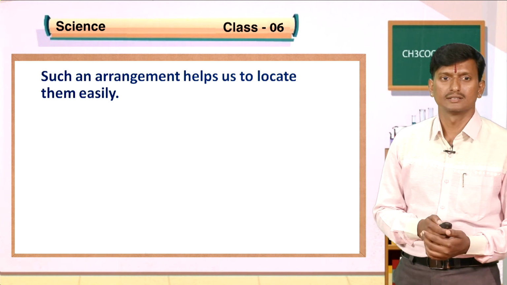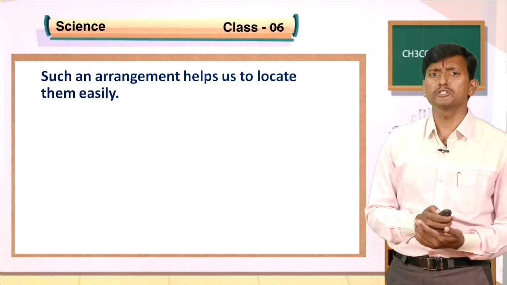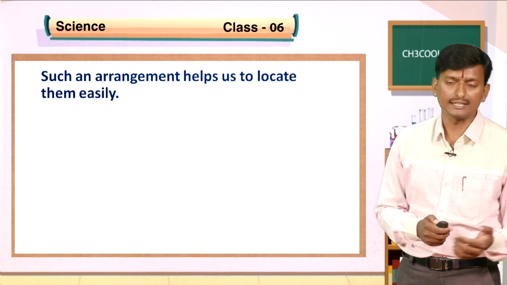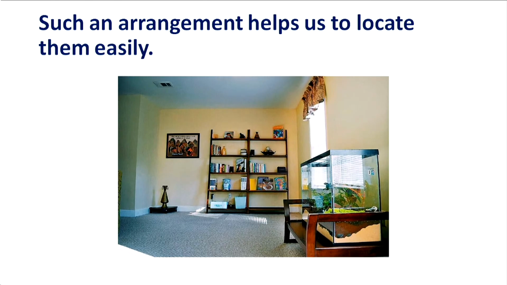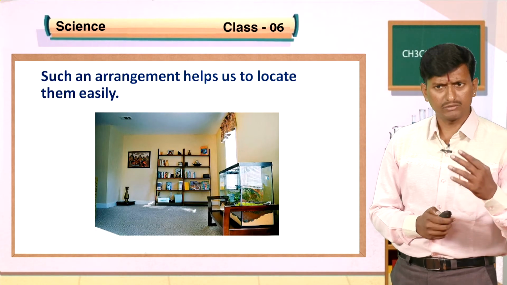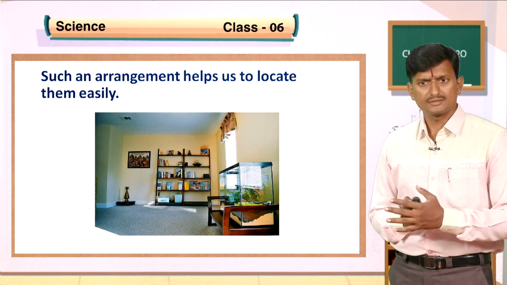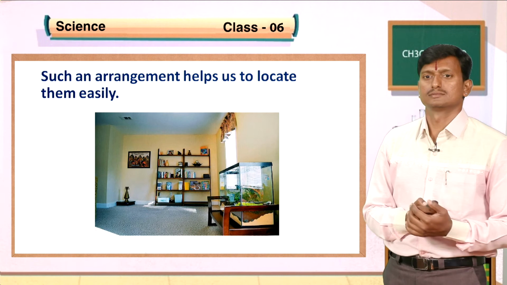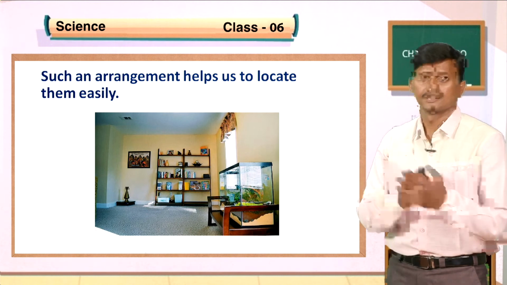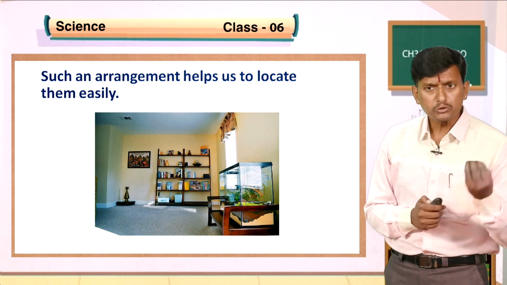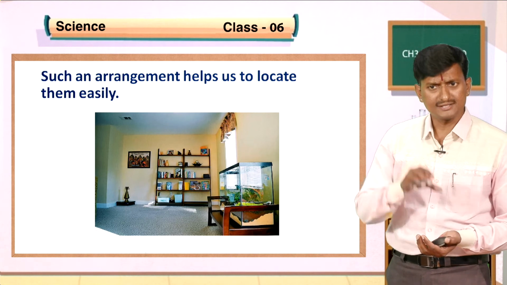Such an arrangement helps us to locate them easily. See here, a box is kept on one side. In the same way, in kitchens, they keep the cooking objects and utensils on one side, the grains on other sides, to help us to pick the objects easily.